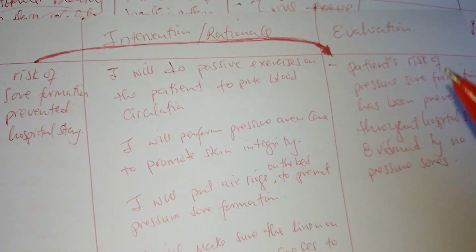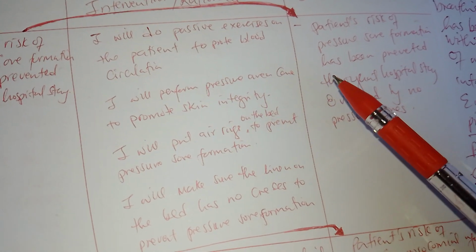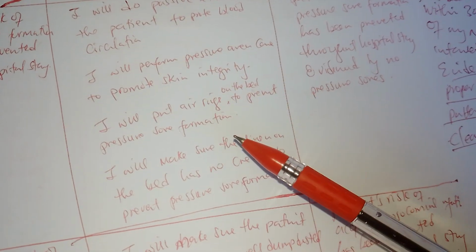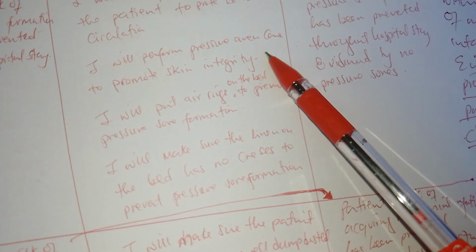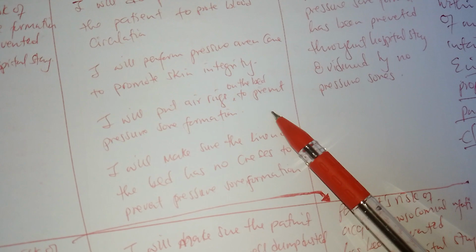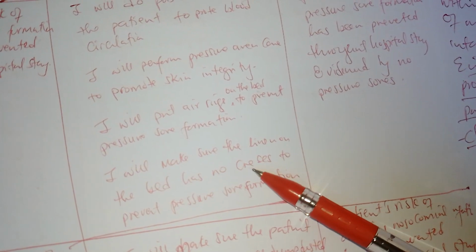Then our interventions: I will do passive exercises on the patient to promote blood circulation as well as fluid circulation. Then I will perform pressure area care. I will put earrings. I will make sure the linen on the bed doesn't have creases.